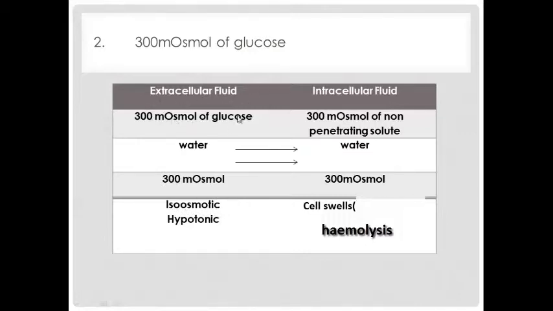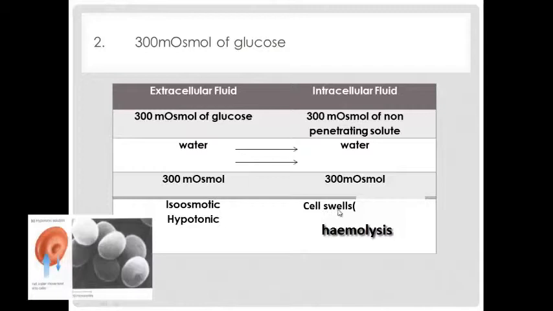The extracellular fluid does not have the non-penetrating solute, but the intracellular fluid has 300 mmol of non-penetrating solute. Thus, the tonicity of the intracellular fluid is higher than the extracellular fluid, so it is hypotonic, where the cell will swell as water moves into the intracellular fluid, and hemolysis will occur, causing the solution in test tube 2 to become red.